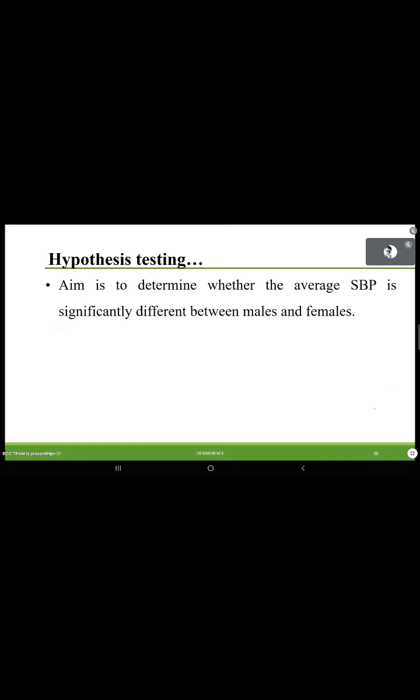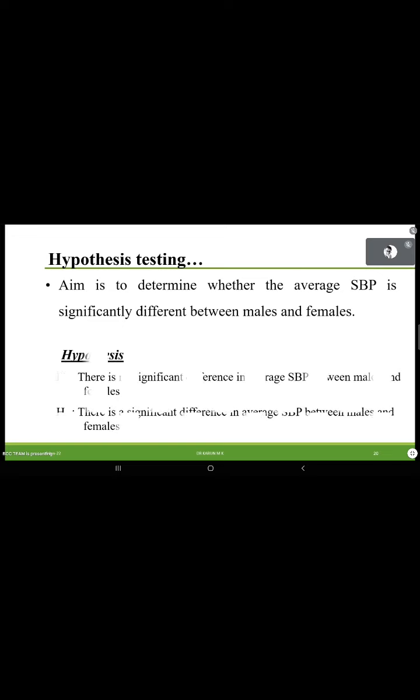I will explain with one example. For example, your aim is to know whether there is a difference in the average SPP between two groups, say males and females. You want to know in your research whether the average SPP is the same for males and females. So here you can coin your hypothesis like this. The null hypothesis is H0, the alternate is H1.